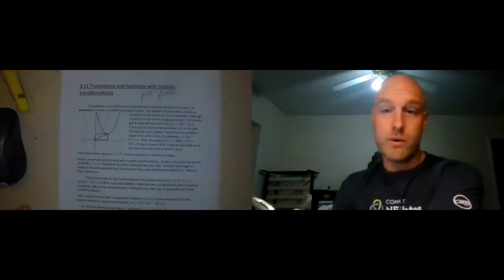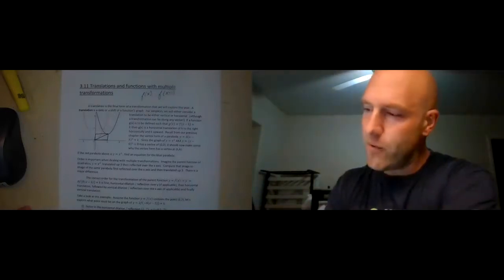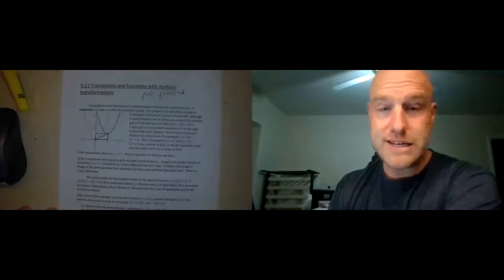Anything talking directly to the x does the opposite of what you would expect. So by subtracting one, you're moving this thing one to the right. By adding one, you would be moving it one to the left. And then if I wanted to move it up two, I could put a little plus two. If I wanted to move it down two, I could put a minus seven or something like that.